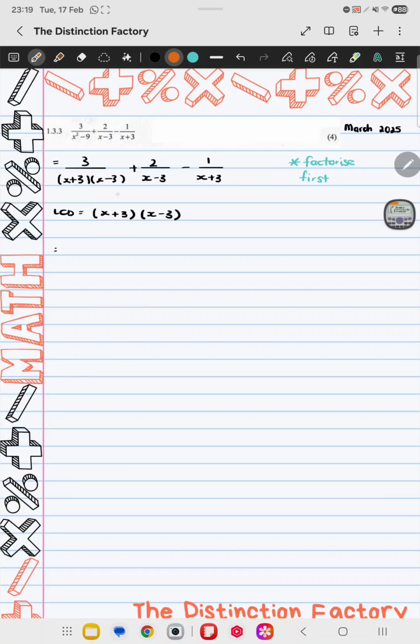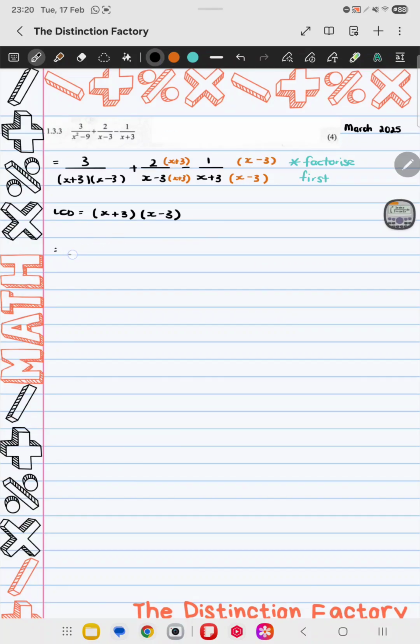If I'm looking at the second fraction, I have an x minus 3 here, but the x plus 3 is missing. So I'll have to multiply the denominator by that, and I'll do the same thing to the top. If I'm looking at my last fraction, I've got an x plus 3, but the x minus 3 is missing. So I'll have to multiply the bottom by that, and then I will do the same thing to the top.